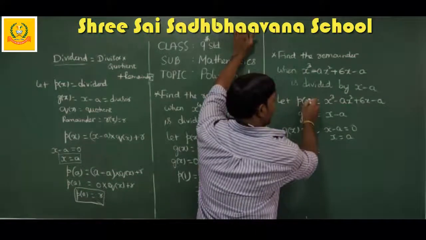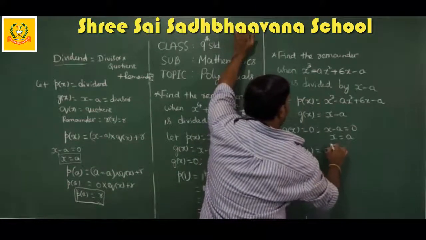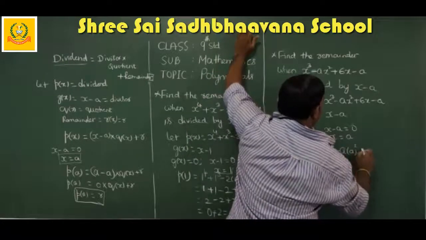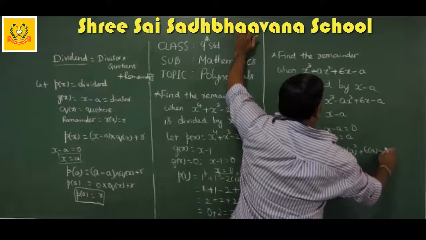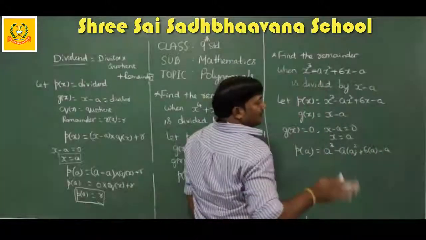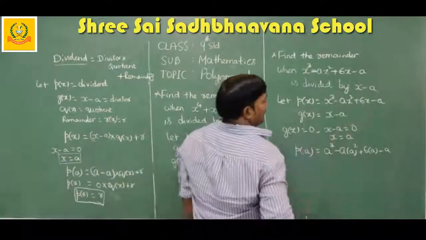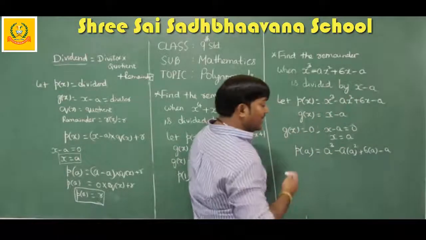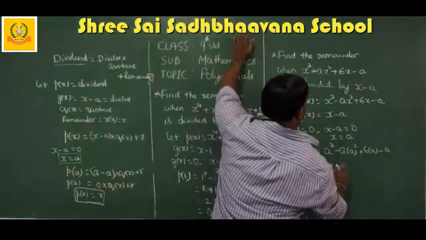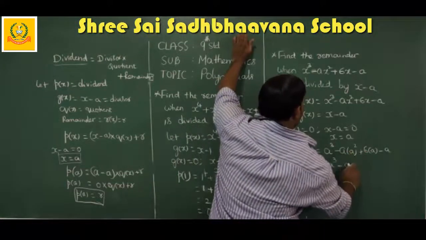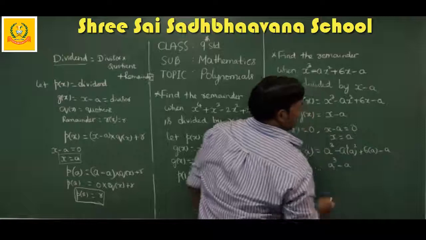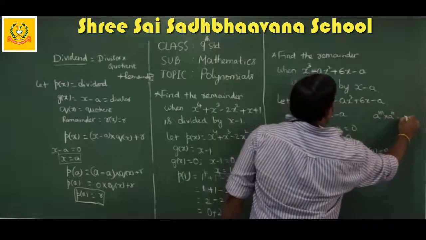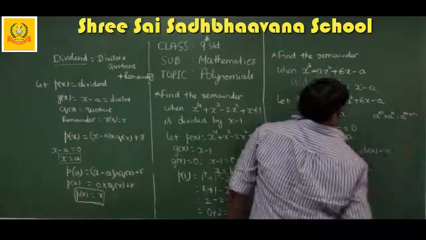So whenever you substitute x equal to a in p of x, you will get a cube minus a into a square plus 6 into a minus a. I am just replacing x with a, that's all. The constant remains as it is. Wherever x is there, I just substituted a. Here a power 1 into a power 2. All of you remember this formula, I believe: a power m into a power n is a power m plus n.